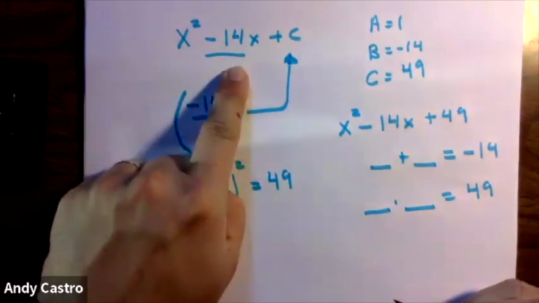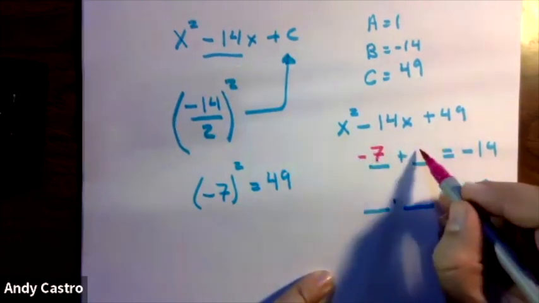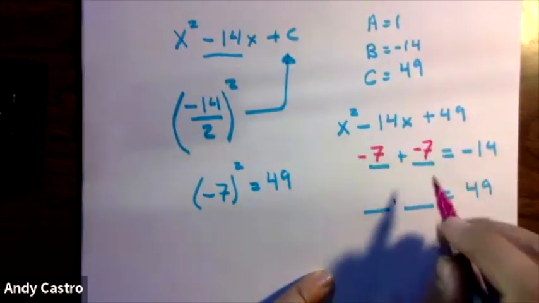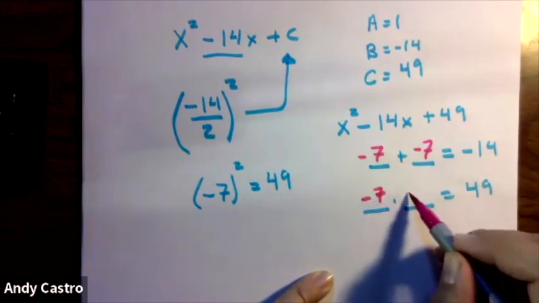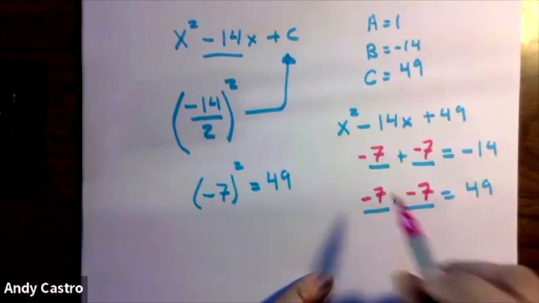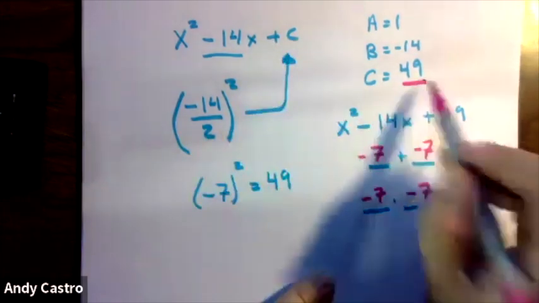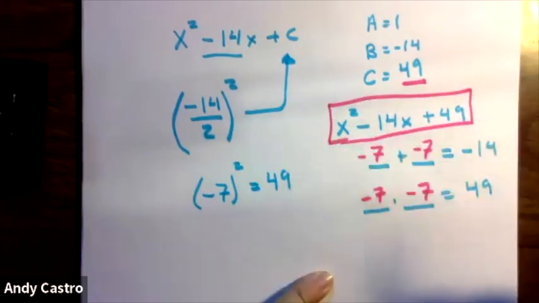It's half of the 14. So negative 7 plus negative 7 equals negative 14, and negative 7 times negative 7 gives me positive 49. So for C, I put in 49, and that is completing the square.